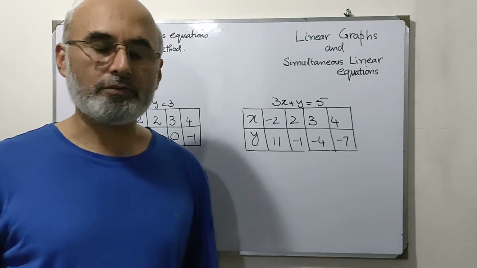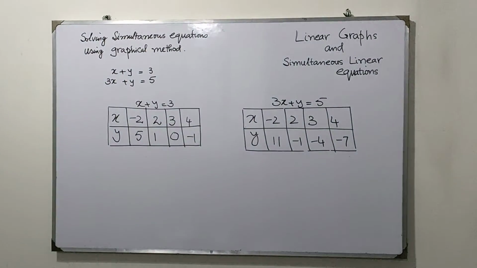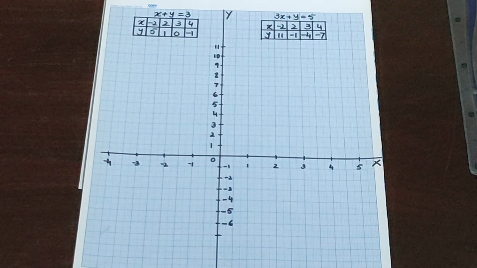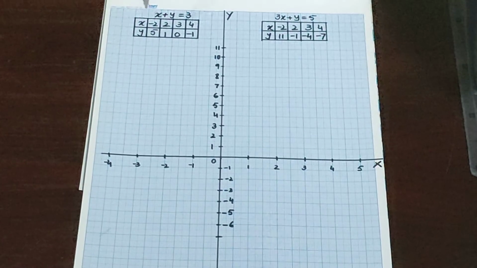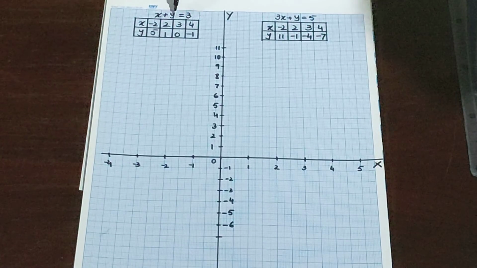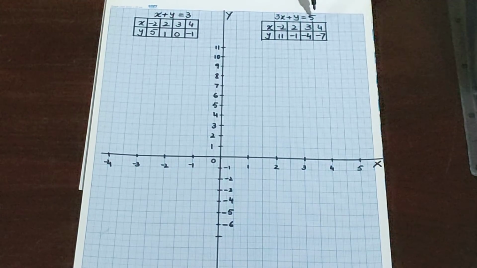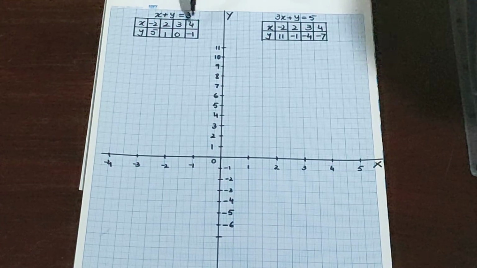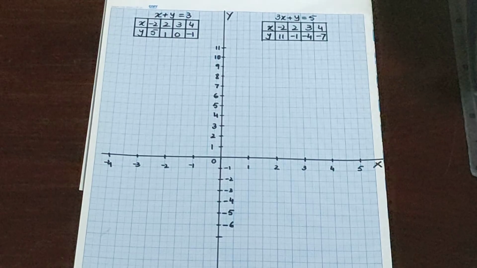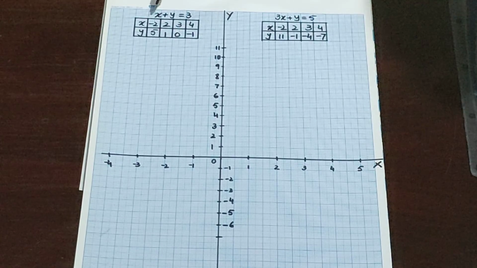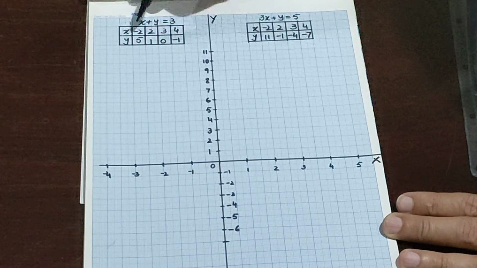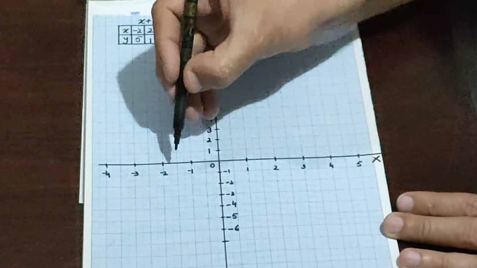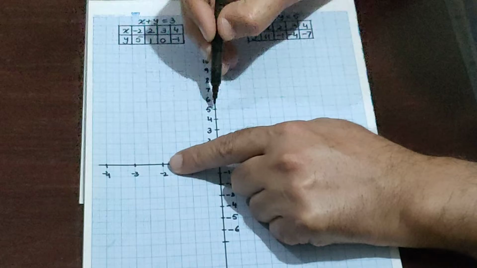So let's draw the graph. Okay, so we have a graph paper now, and we have the same two equations, x plus y is equal to 3 and 3x plus y is equal to 5, with the same values over here. Let's plot the points for the first equation. They are minus 2 and 5. So minus 2 is here, and this is 5.